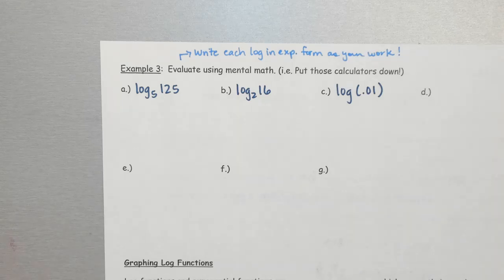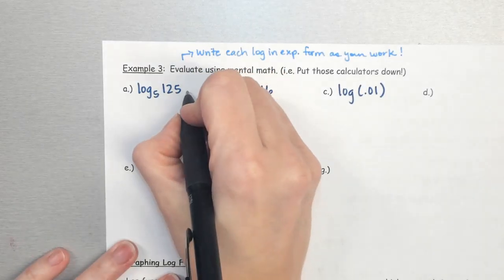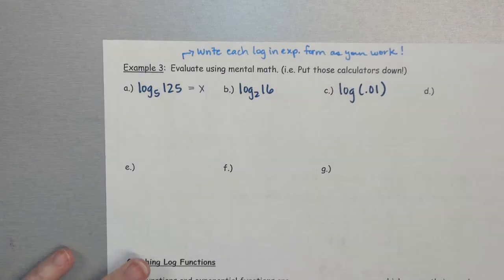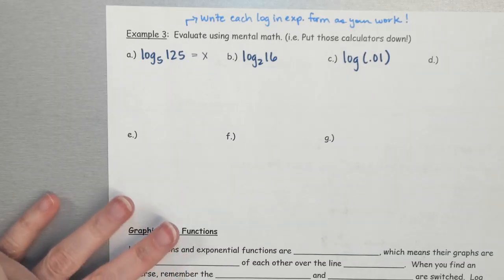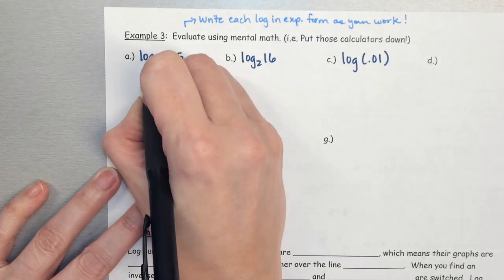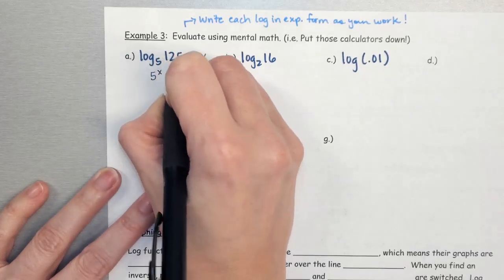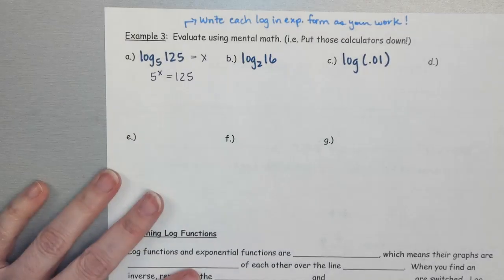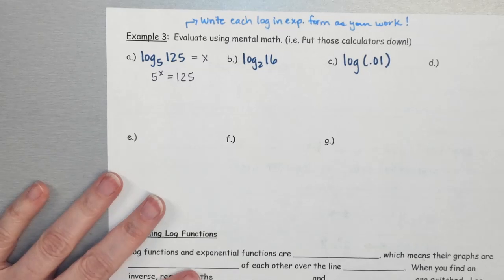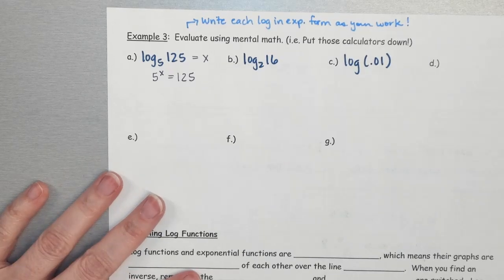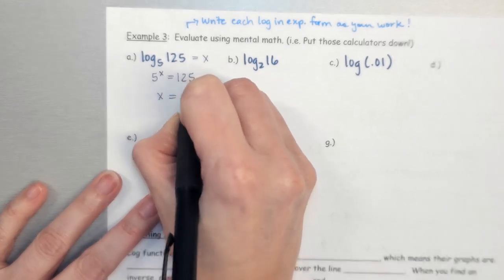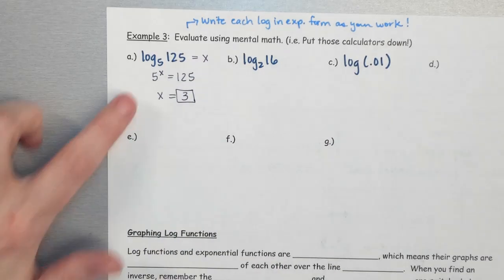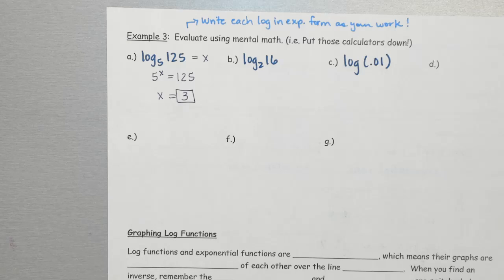So you can think of this as equal to x. And now we can set up our exponential equation. So your work would be 5 to the x equals 125. Okay, and then from there you can solve just like we did on our worksheet. So what would your x value be? So your answer for A is going to be 3.